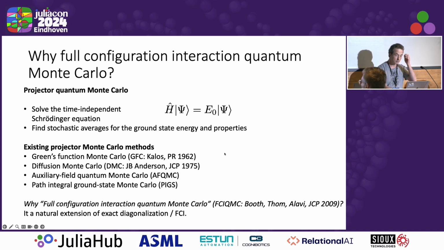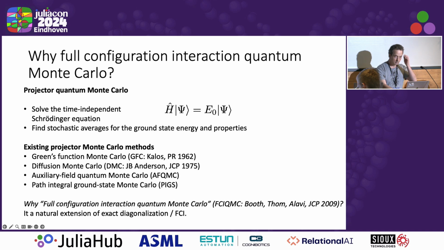The first paper I found was from 1962, Kalos, Green's function Monte Carlo, and then diffusion Monte Carlo came about a decade later, and then there are other flavors, auxiliary field and path integral ground state Monte Carlo, all trying to solve the same problem: basically a Hamiltonian that is way too large, and you still want to find out what the ground state energy is or what its properties are.